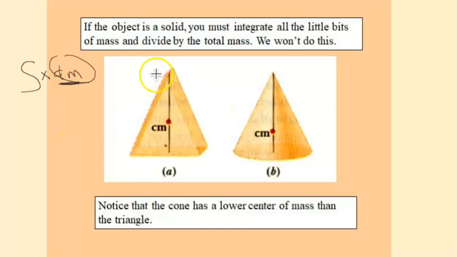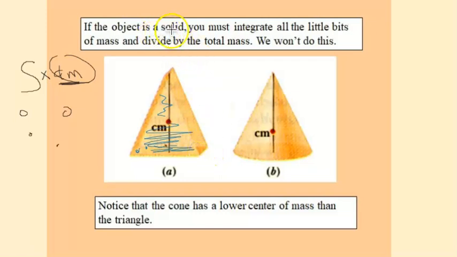But my point is, for everybody, that in real life, things are not blobs of molecules at specific points. They take up space. You have to add up every little bit of mass, and that's why you need calculus. It's a really neat application of integration, but we're not going to talk about that in this class.